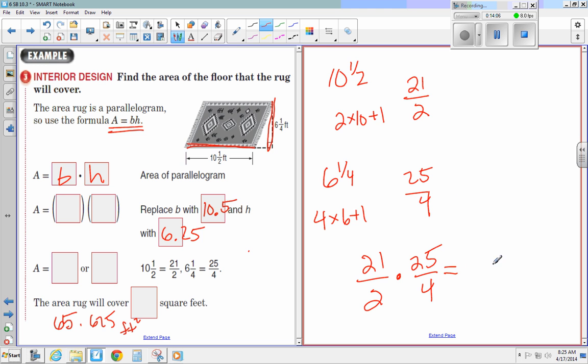And now you can just do a smaller multiplication. 525/8.